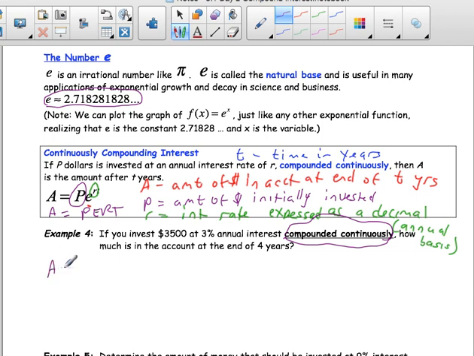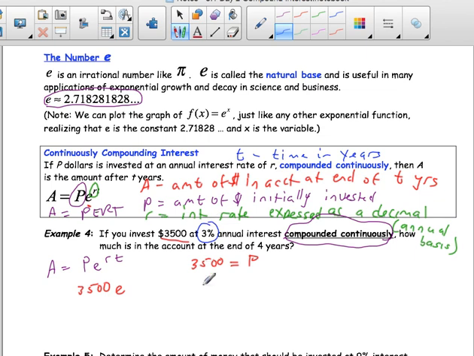So we're going to use A equals P times e to the RT, and let's substitute in what we know. $3,500 is the principal, the amount you initially invest. E is the number e. We've got 3% right here.